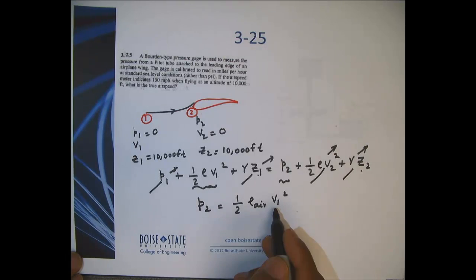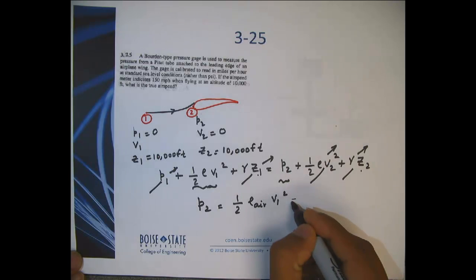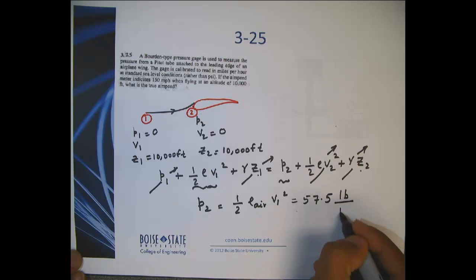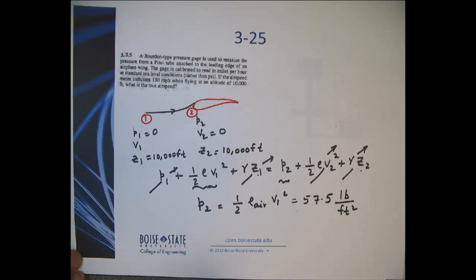Make sure you convert your velocity from miles per hour to feet per second. So I would get 57.5 pounds per square foot.